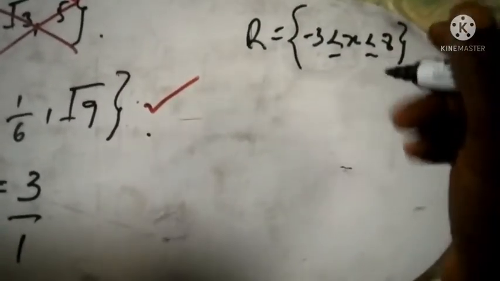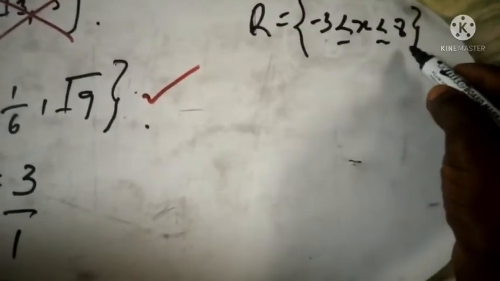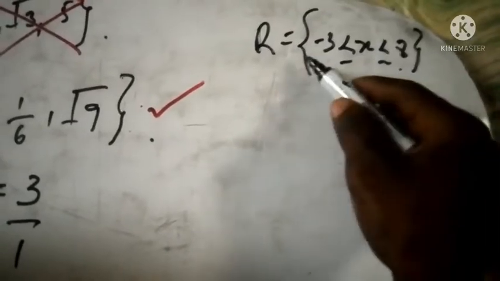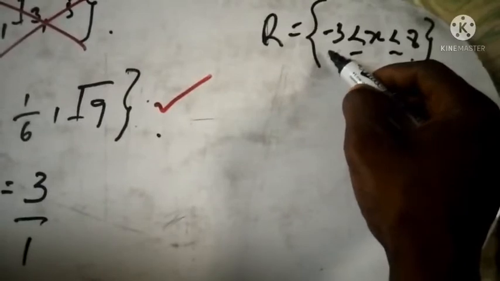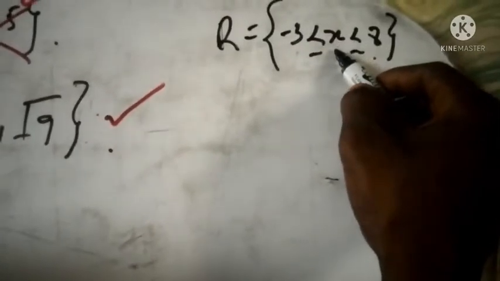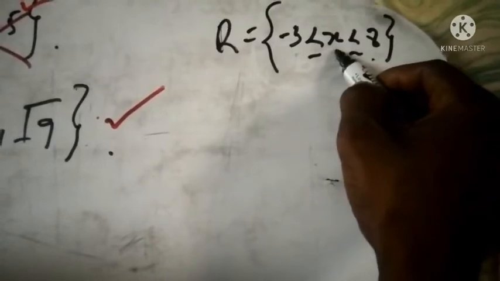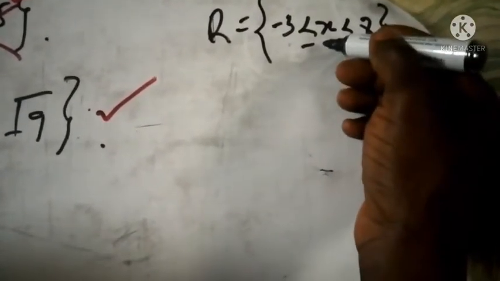So they are saying that these people here start from minus 3 and end at positive 8, right? So these people, the people in this room, start from let's say the age of minus 3 and then end at positive 8. But the x is not defined. What I mean is, we don't know which people are here, right? We don't know the exact people, so these people can be rational and irrational.